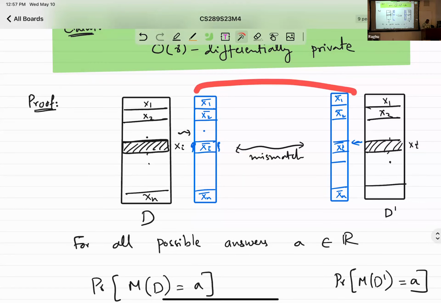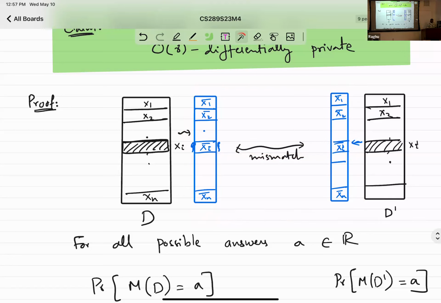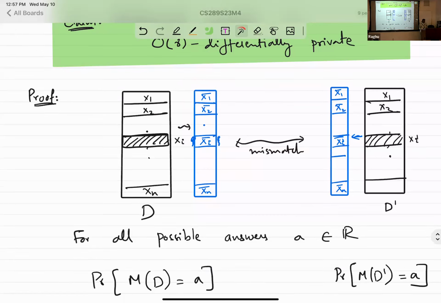And the remaining coordinates are all the same. So you can assume you're starting out with the same sets there. In the neighboring databases, you're only changing one coordinate. So even if they depend on all the other values, they're the same values between the two flips.